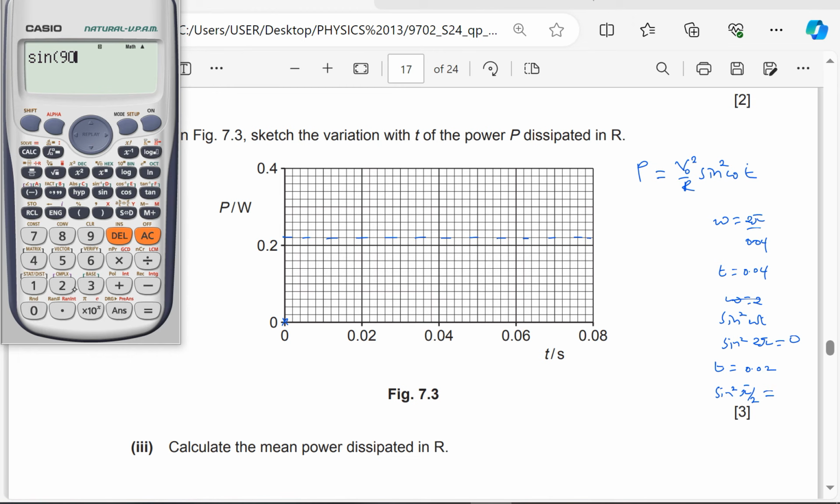No, sine of 90 is not 0. It's 1. Let me first check sine of 2 pi. Sine of 360 is 0. Then sine of 90 is 1.